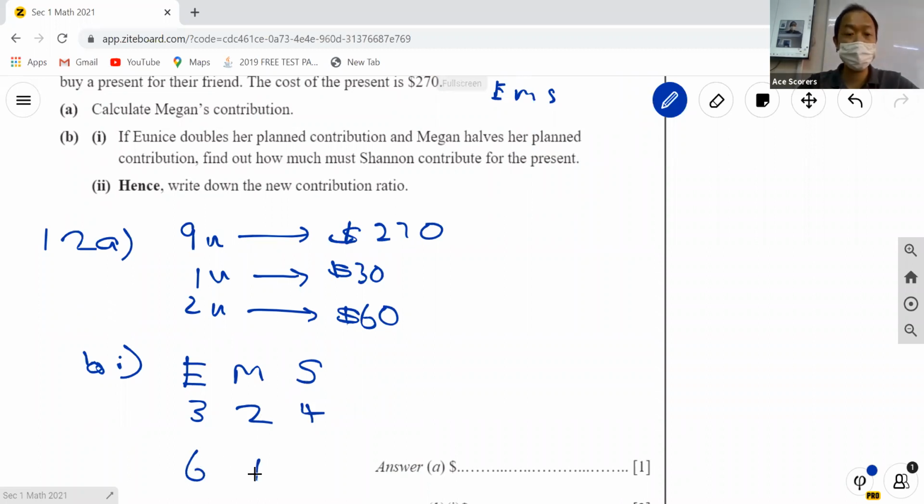So 6 plus 1 equals 7, right? Wait, how come? Eunice doubles her portion and Megan halves hers. Find out how much Shannon contributes. So Shannon only needs 2 to make it 9. So 60 again.